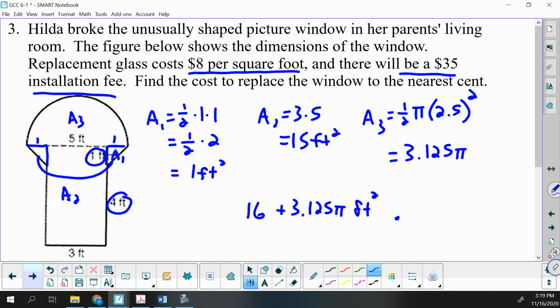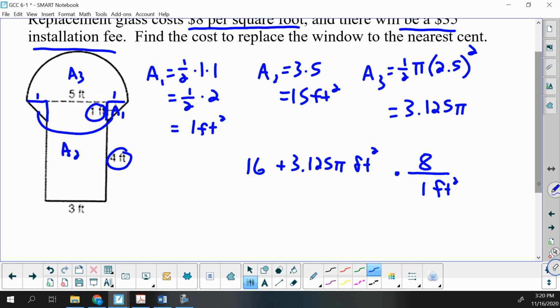Well, we want to multiply that by our $8 per square foot. So we're going to again put 1 foot squared on the bottom times the 8 on top. So if you punch that in the calculator, one thing we have to be careful of is we want that all in parentheses. We want the whole thing multiplied by 8. So we are going to put the pi in this time because we are going to round.